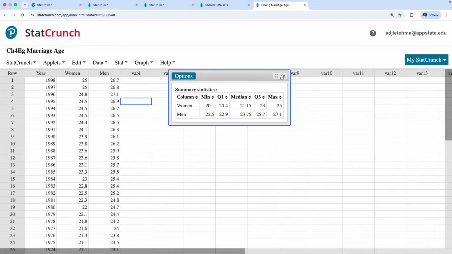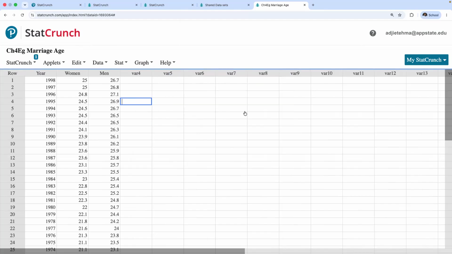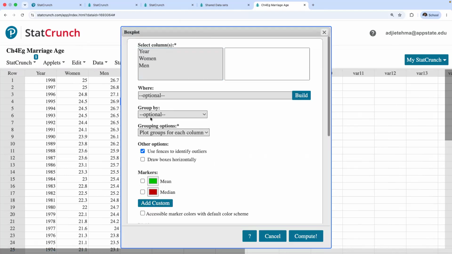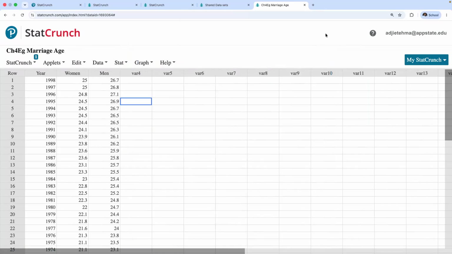Remember, a box plot is a graphical presentation of data. So every time we go to Graph, you see Box Plots. Do you see the box plot here? We'll click on that. Let me do it again.